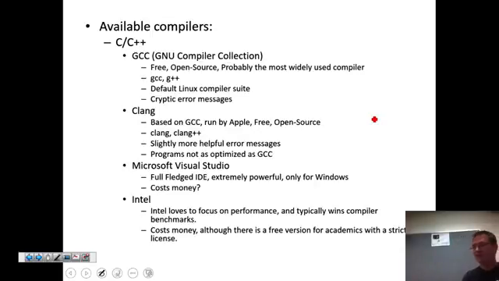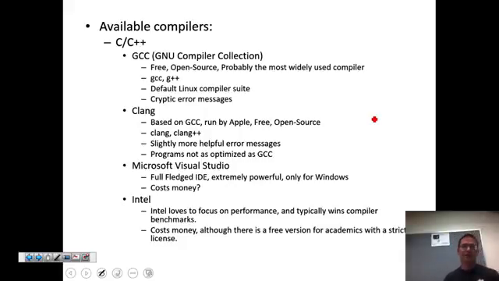If you're compiling C, you're going to use the GCC. If you're using C++, you're going to use G++. This is the default Linux compiler suite. It typically works very well. There's hundreds of people working on it. Unfortunately, though, it tends to have rather cryptic error messages. And you spend a lot of time Googling, what the heck does that mean?